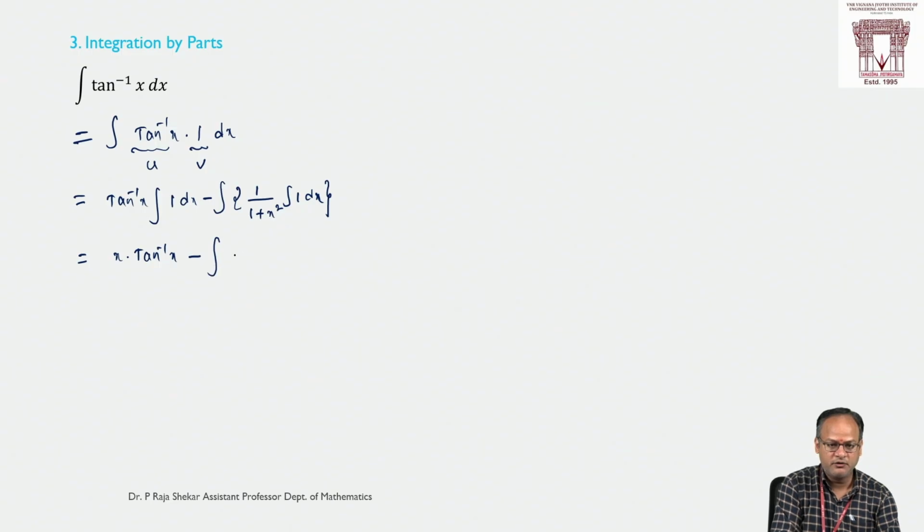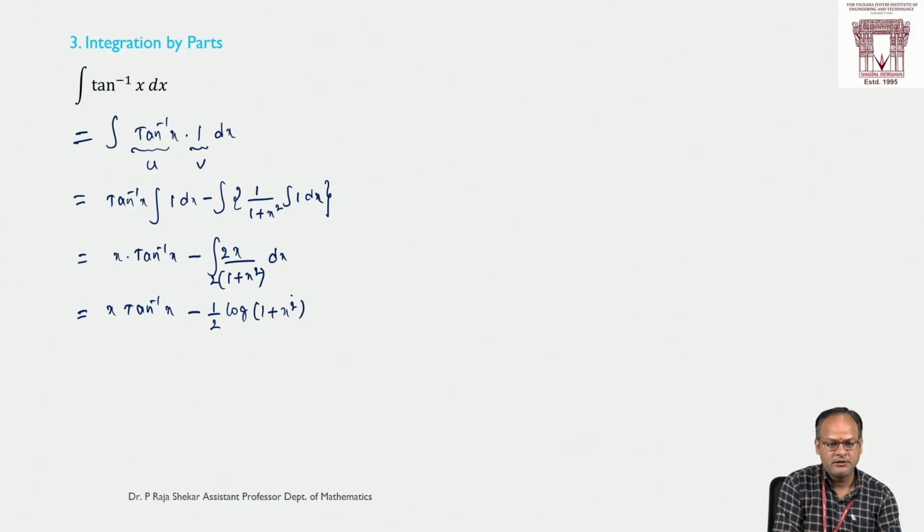minus integration of x divided by 1 plus x square. How come x? x is because of the integration of 1. So it becomes x into 1 divided by 1 plus x square. Now for the integration of this second term, multiplying and dividing by 2, upon integrating, this becomes 1 by 2 into log of 1 plus x square.